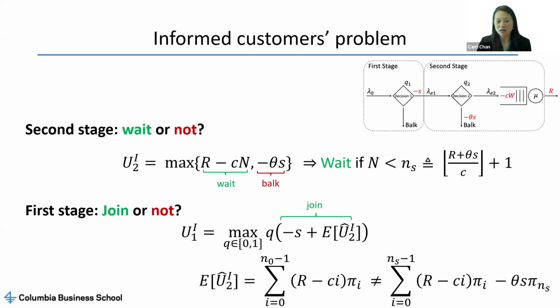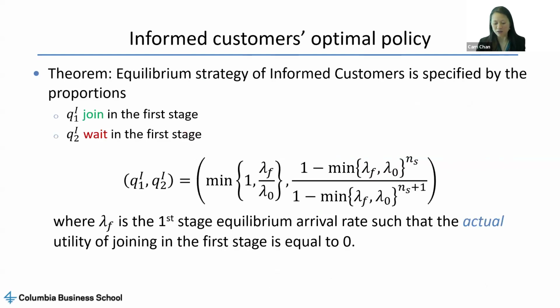All right. So here we can again characterize the equilibrium strategy of the informed customers by the proportion of those who join in the first stage and those who wait in the second stage. Let me parse this. In the first stage, they either all join or some fraction is going to join the system.